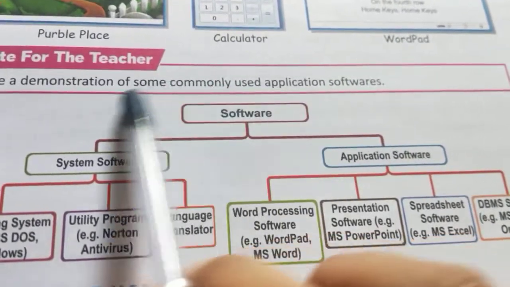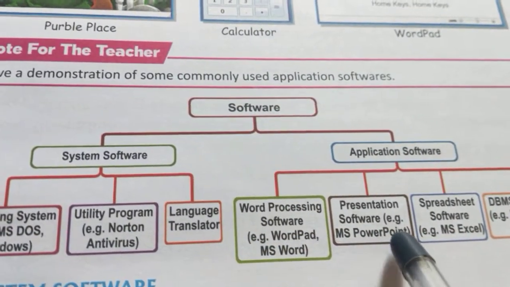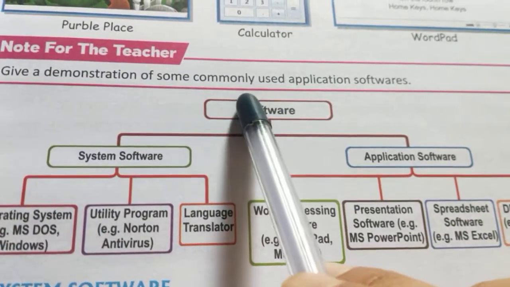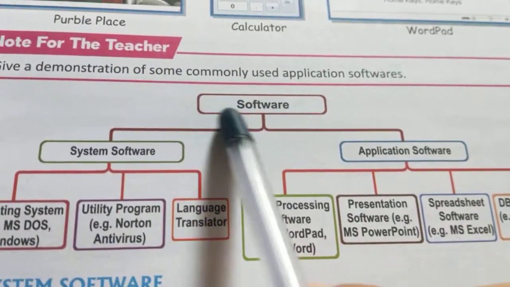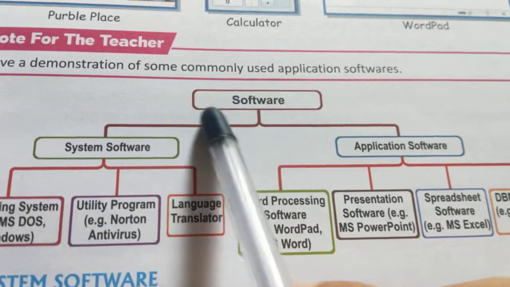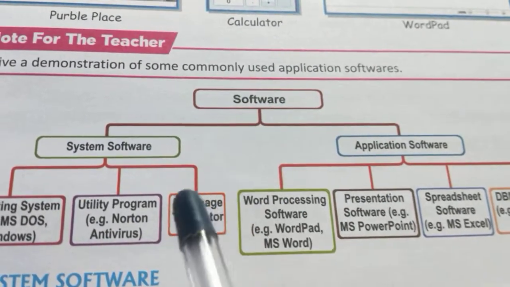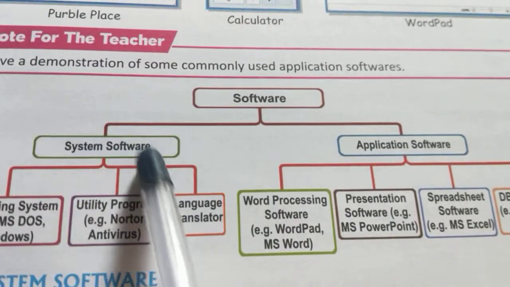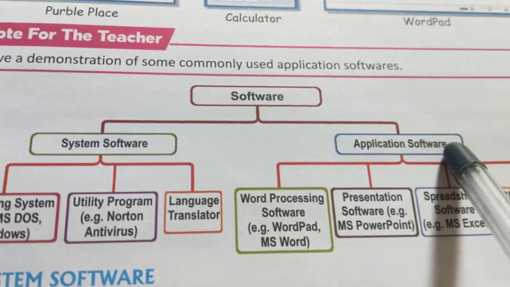Now we have to look at the chart. The title of the chart, or the top of the table of this chart, is software. The software is divided into two parts: system software and application software.